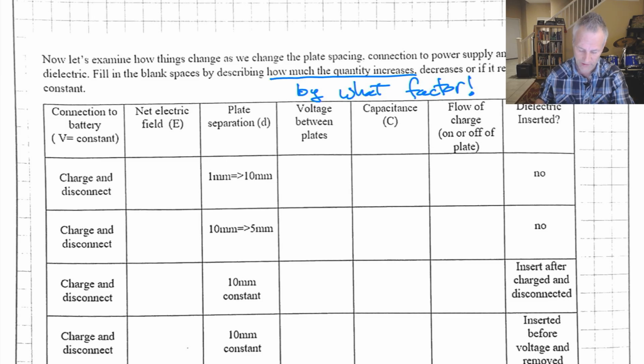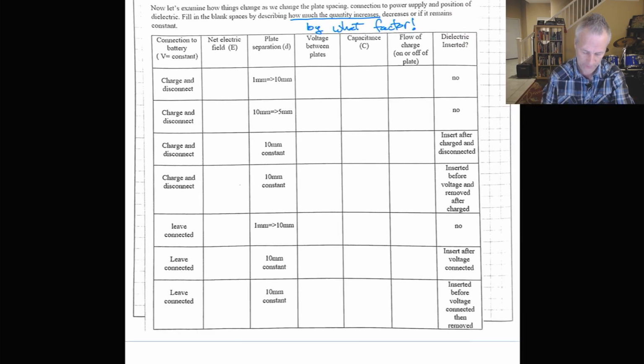So that's a little bit about the chart. The first 4 are all charged and connected. Or sorry, charged and disconnected. And we know that when it's disconnected, the charge here is not going to flow on or off, right? That's going to be constant.